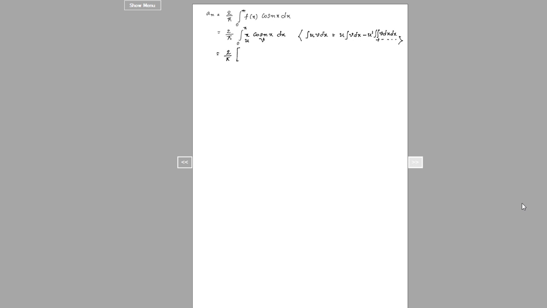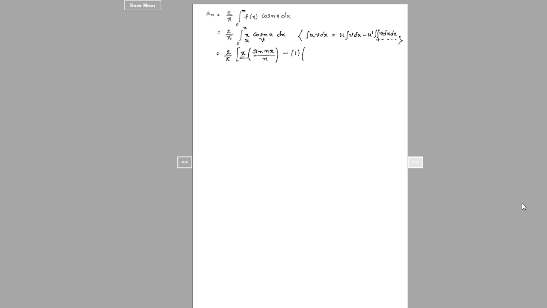Now applying Bernoulli's rule, u is x, and the integral of cos nx is sin nx divided by n. Minus derivative of x, which is 1, into the double integral of v.